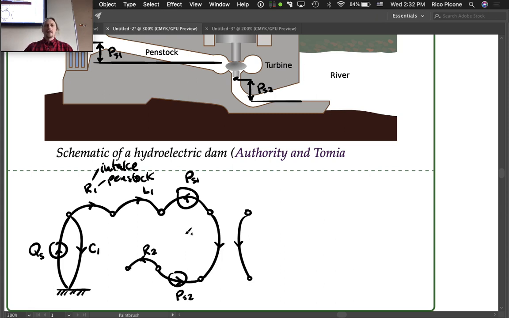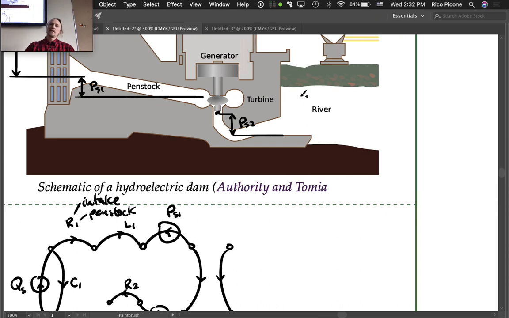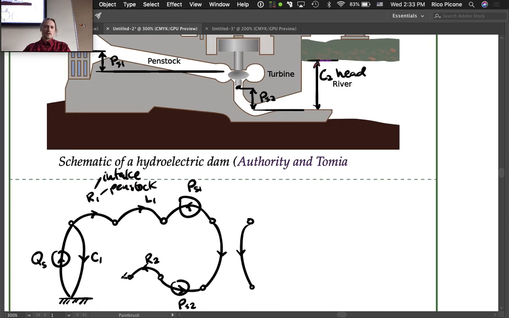And finally, we're going to go to the river. The river's got some height, and so it pushes back with some pressure head of its own. So we'll call this C2 head, the river's head.